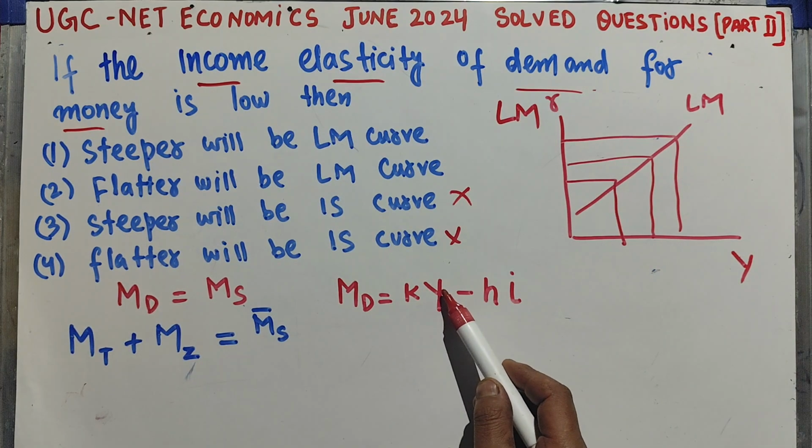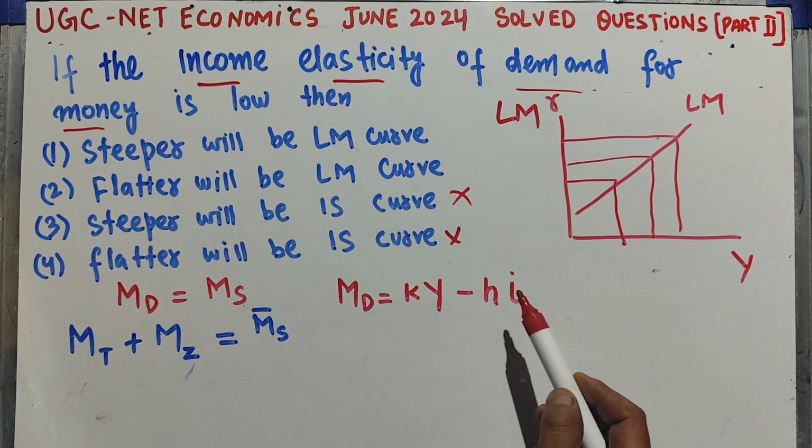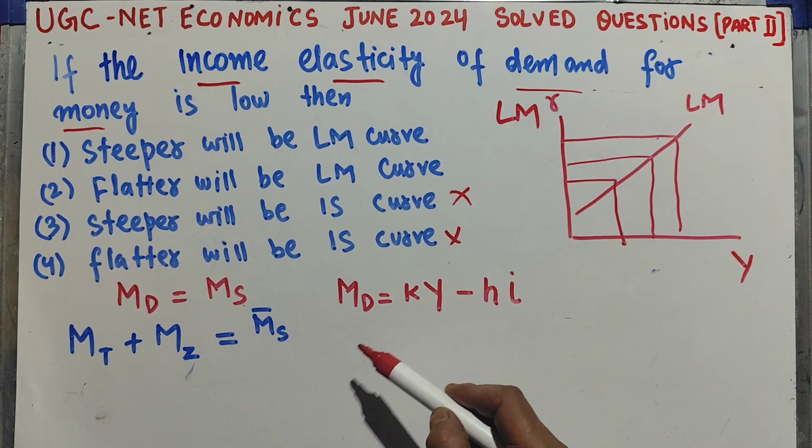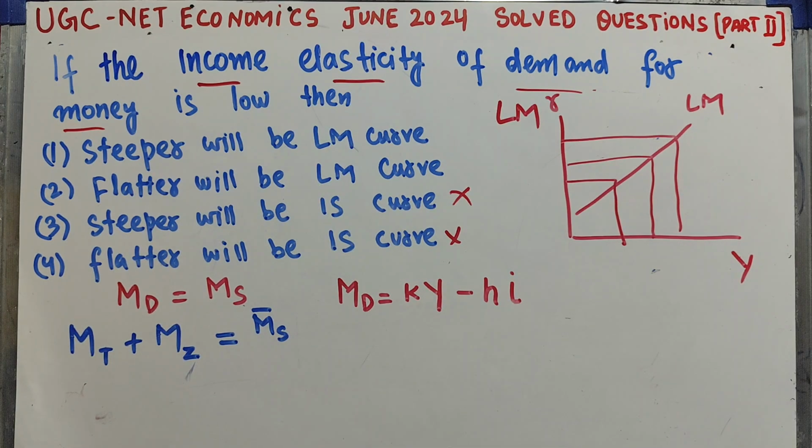It says if income increases, demand for money will increase, and if the interest rate increases, demand for money will decrease. Okay, now to find the LM equation, we equate demand for money with supply of money.